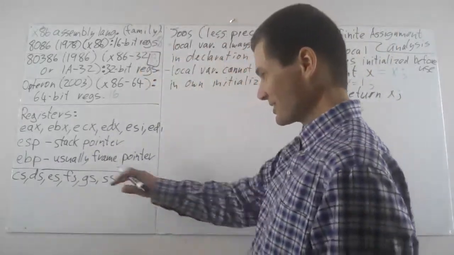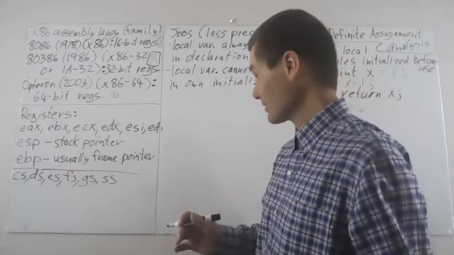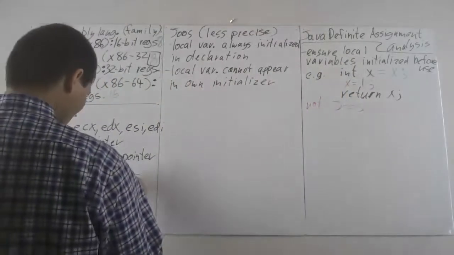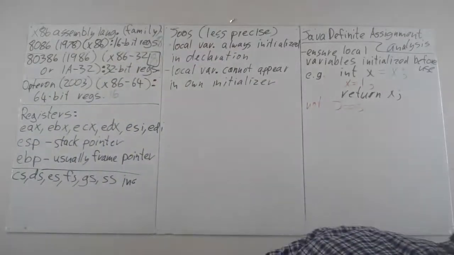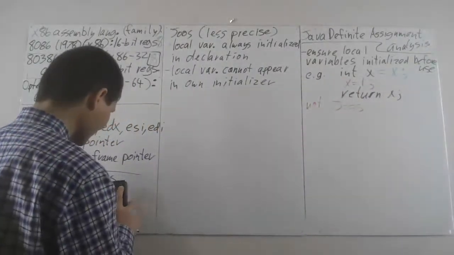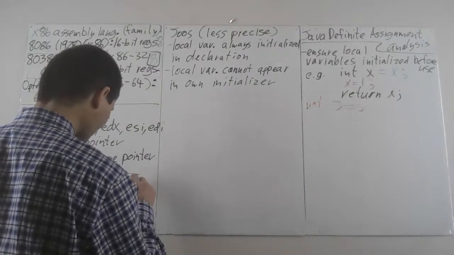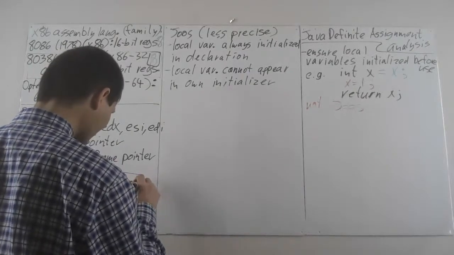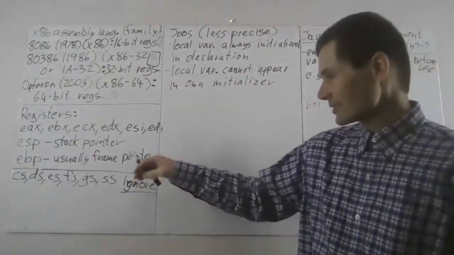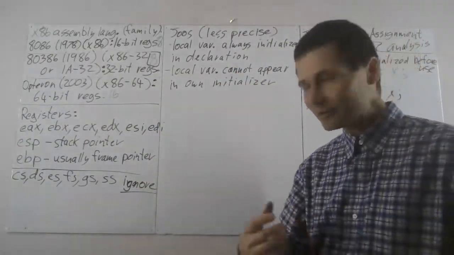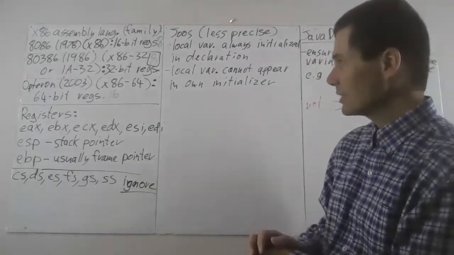You might see these in your assembler output or somewhere in documentation, and I would say ignore them if you see them. So don't worry about these. I'll just tell you where they come from.